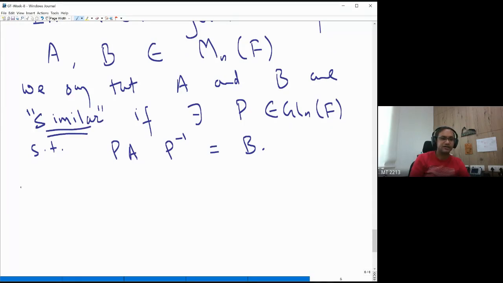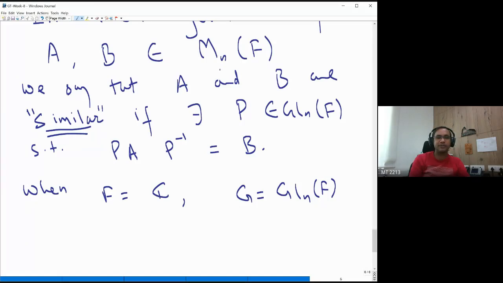When F is equal to the complex numbers, and instead of M_n(F) we look at only the subset GL_n(F), here we were defining similarity for any two matrices, including matrices which might have determinant zero.